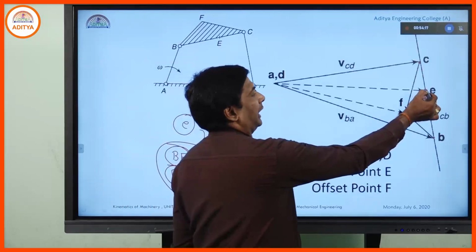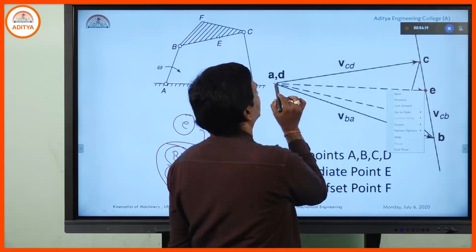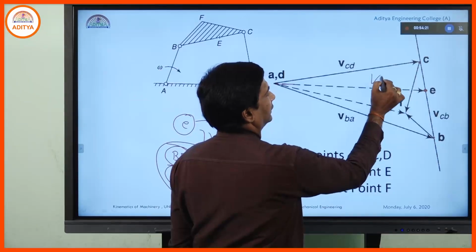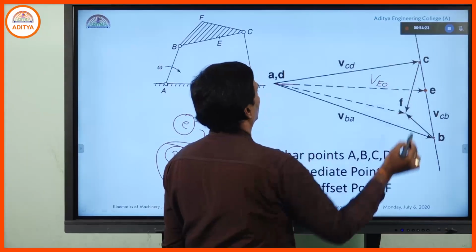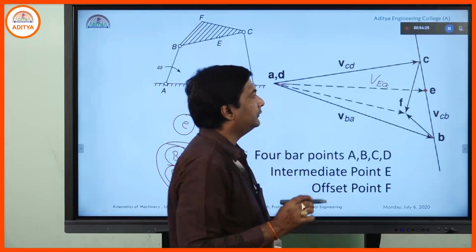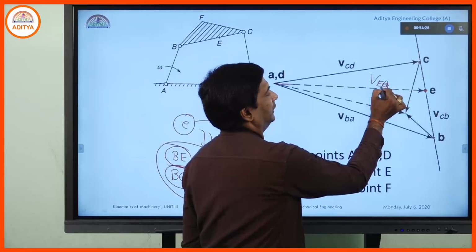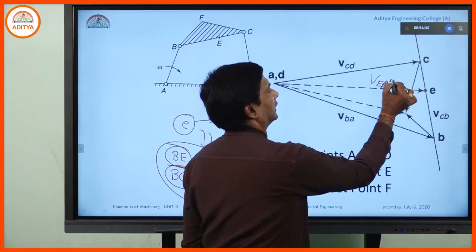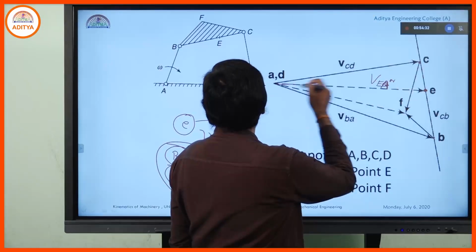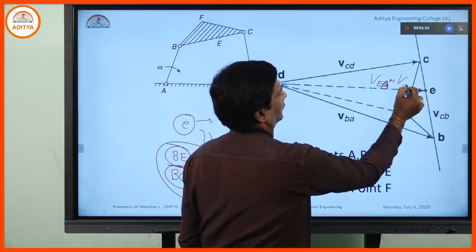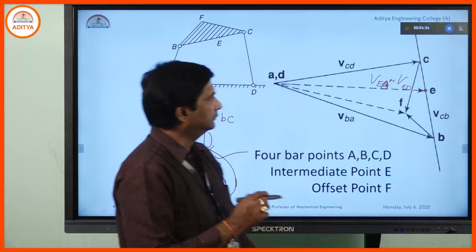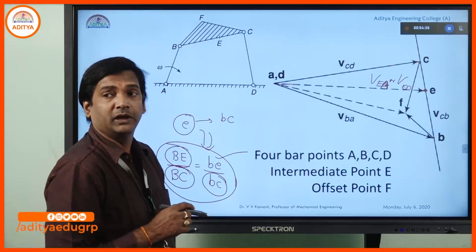Now, after identification of the E, it can be joined with the fixed point, then VEA, velocity of E with respect to A can be known, or you can call velocity of E with respect to D, both are same. Velocity of E with respect to A or D can be known.